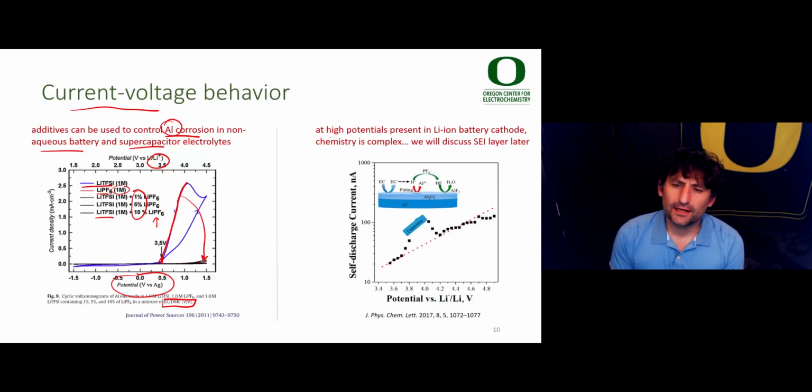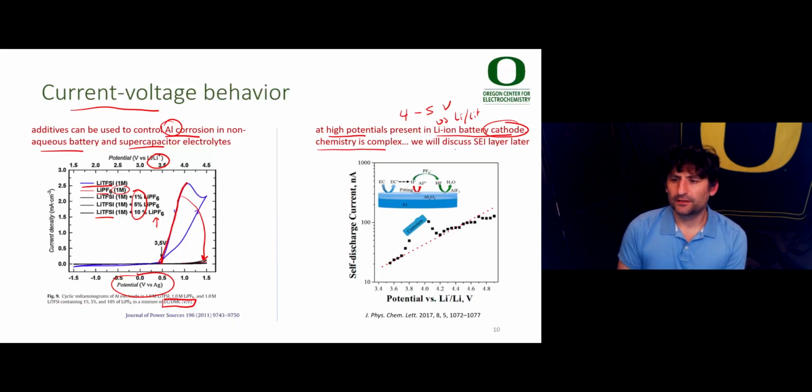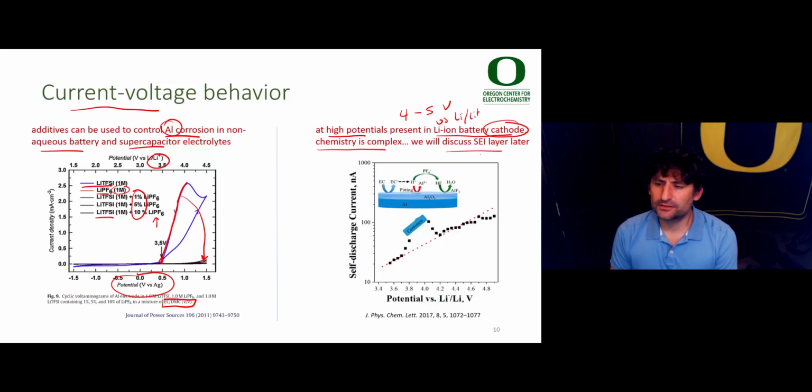And really at the high potentials where you have a lithium-ion battery cathode, the high energy cathodes, they're typically at 4 to even 5 volts versus lithium plus. You get a lot of complex chemistry that's possible. We'll be discussing SEI layers again coming up in future lectures, but this nice paper, or this diagram, shows some of the phenomena that can go on.